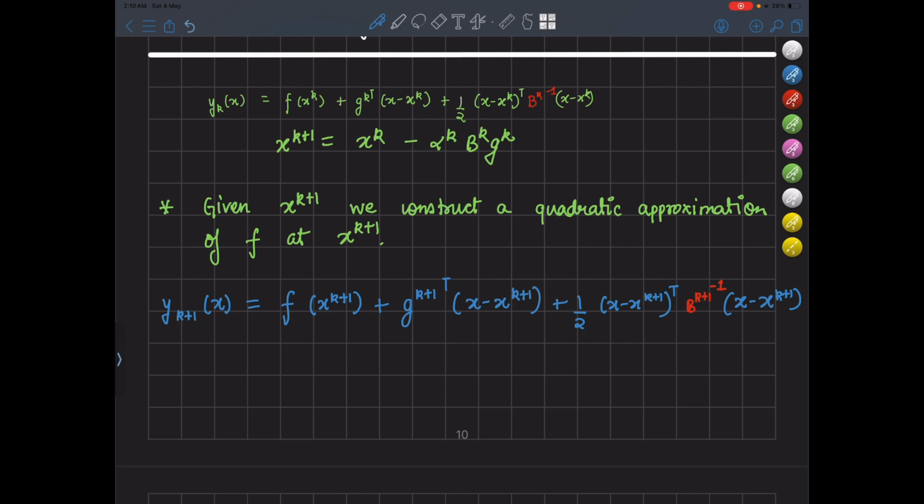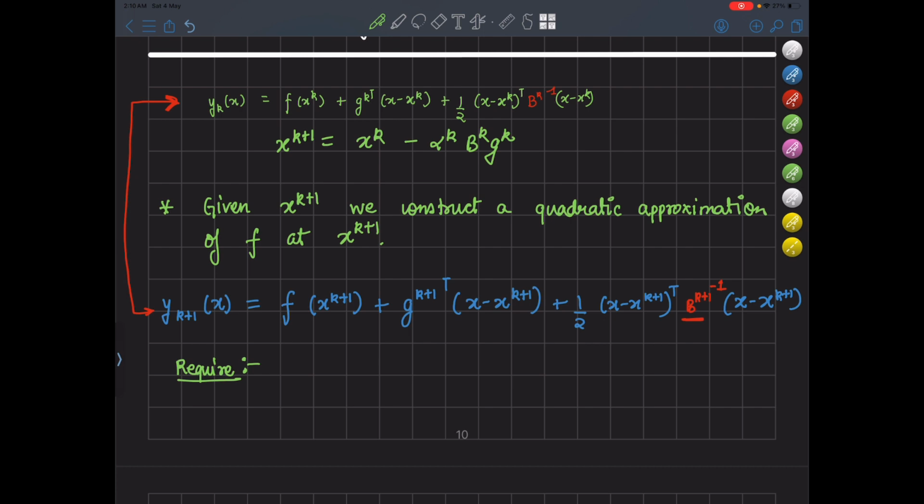So now, note that this Bk plus 1 is unknown. We have to find this. Now what should be the relation between these two function definitions, these two approximations? Because xk and xk plus 1 are nearby points, we can assume that there is some requirement that these two functions should follow.